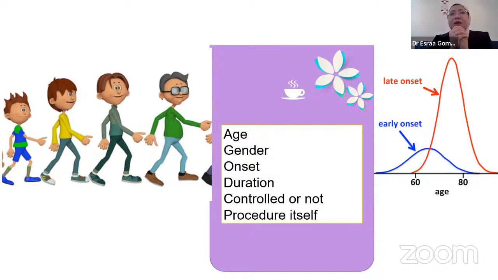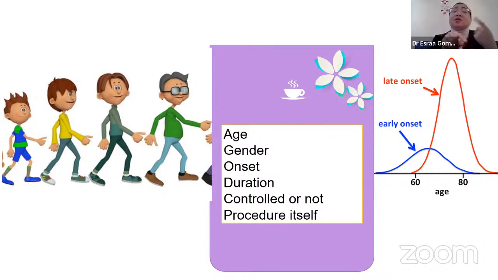Age. We know that there is no specific age for implants. We can do implants from 20 to 70. But if your patient is diabetic, you have to be aware of age and gender. Why?